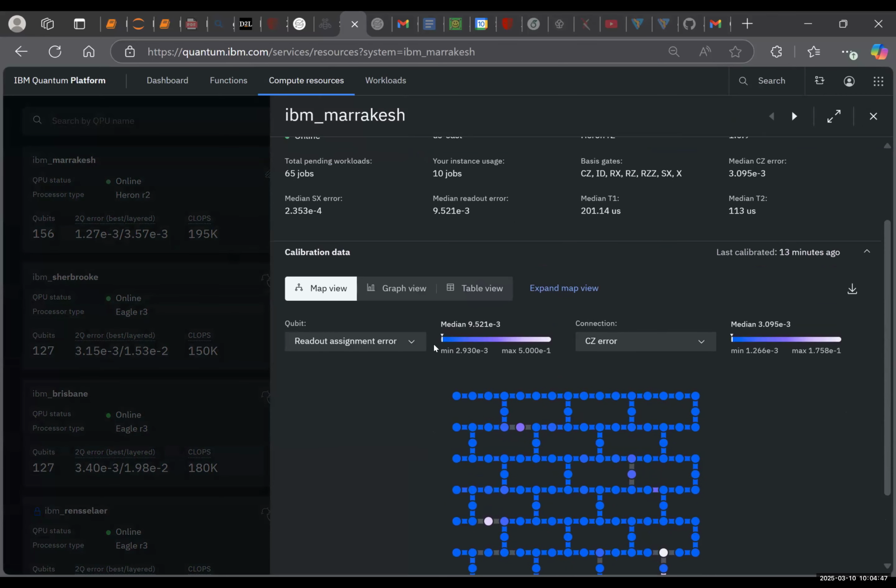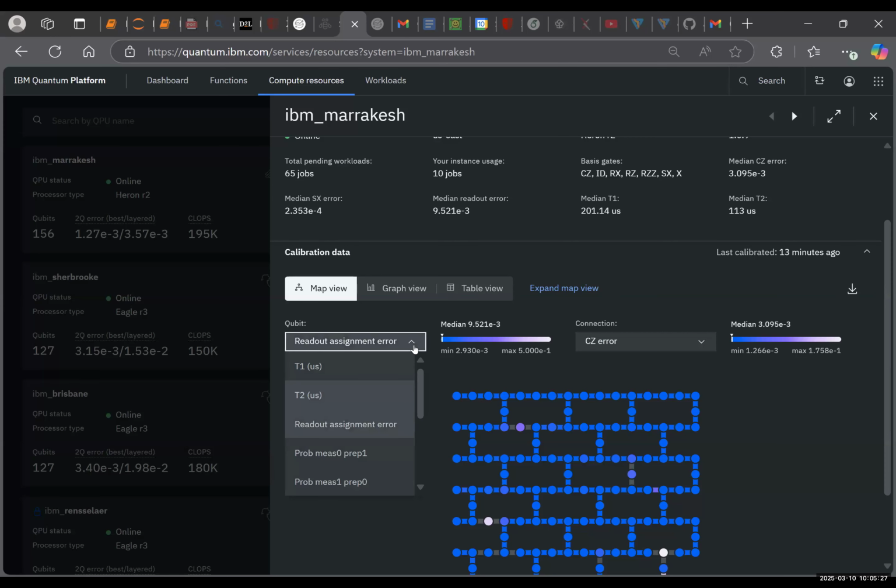There's also the readout, as you see here, readout assignment. What does that mean? It means when you're trying to read 0 and 1 as output, the 0 may actually be 1, 1 could actually be 0, and it's very similar to a bit flip. If it's a classical error, you could regard it as a perfect outcome with a classical bit flip. So you also have to deal with that.